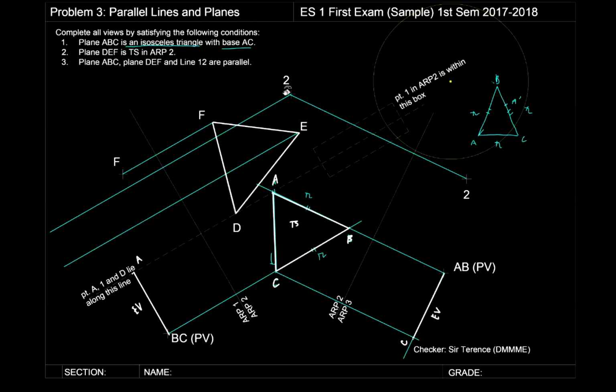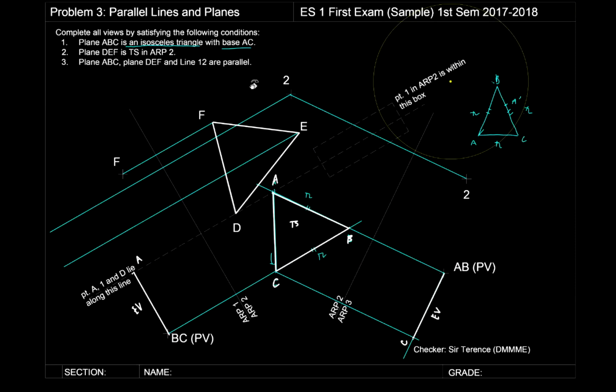So, try natin tong plane ABC, plane DEF, and 1, 2 are all parallel to each other. So, kung parallel sila, the way we prove parallelism is that if one line of this is for planes muna, no? So let's do plane for plane muna.